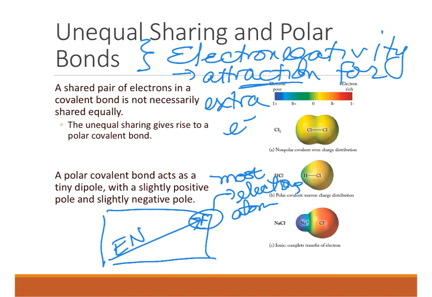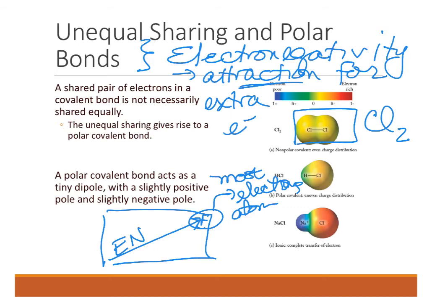All right, so if we have a chemical bond that involves two identical atoms, like molecular chlorine, obviously each of the chlorines has the same electronegativity, so they each have equal attraction to extra electrons.